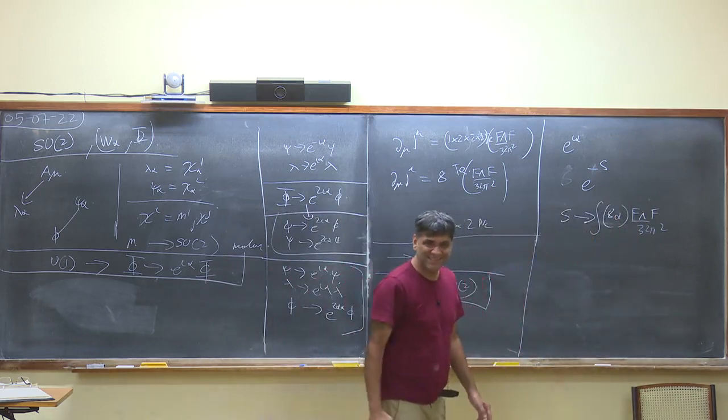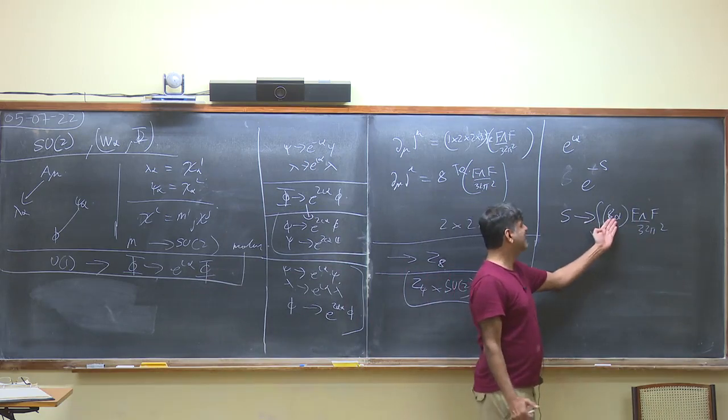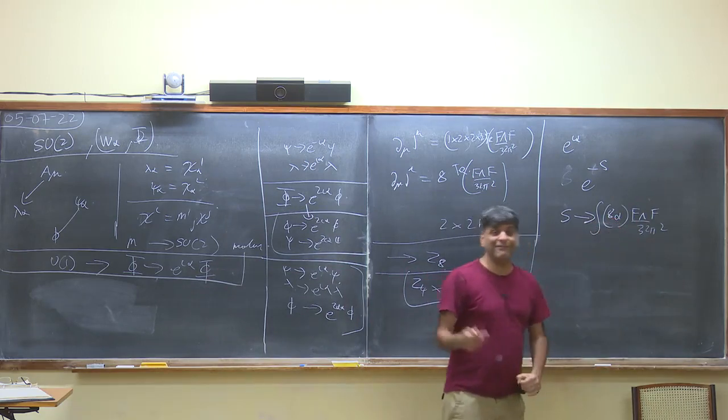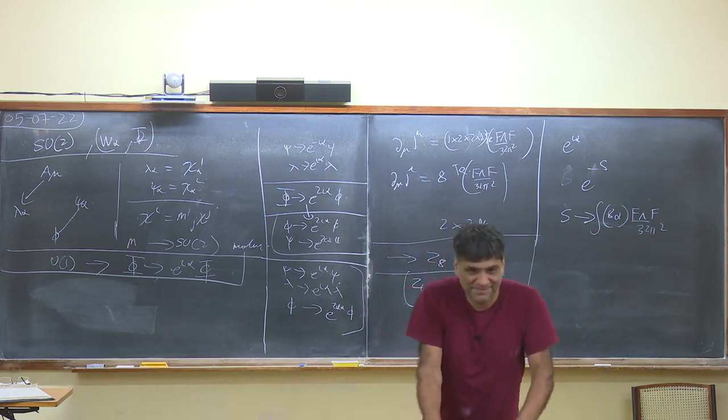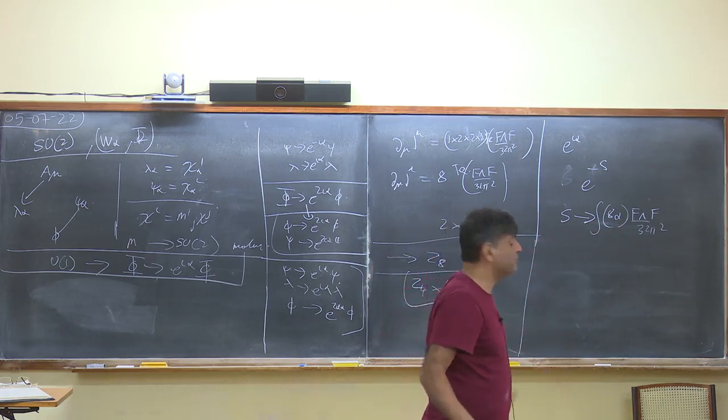Now, the fact that when we let alpha vary from 0 to 2 pi by 8, we can generate any value of theta we want.